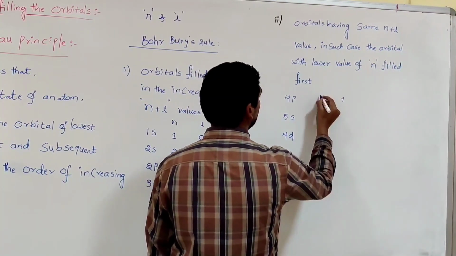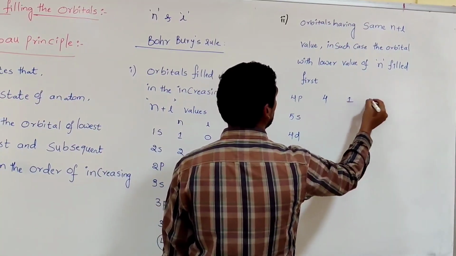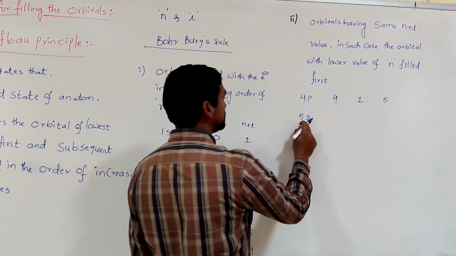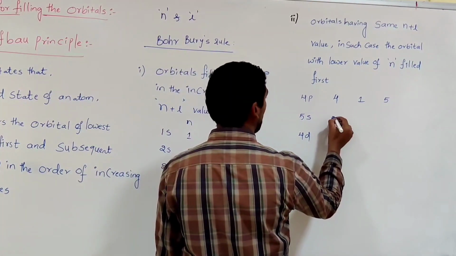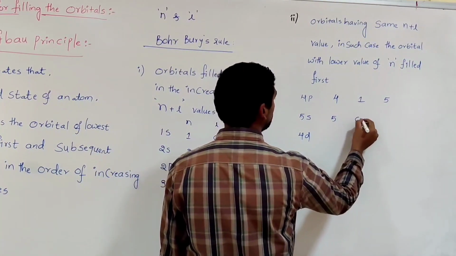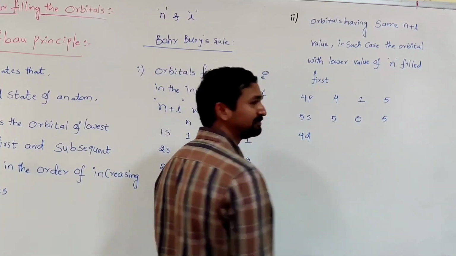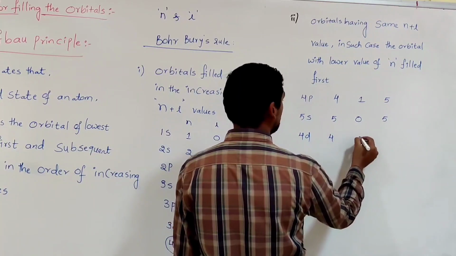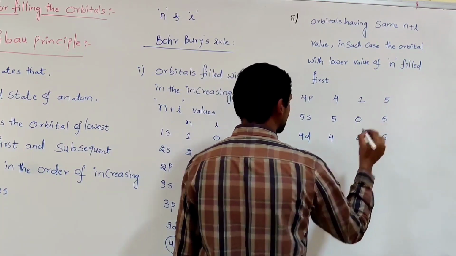So 4 plus 1, you get 5. In the case of the 5s orbital, 5 and l is equal to 0, so 5. In the case of 4d, n is 4, l is equal to 2, then 6.